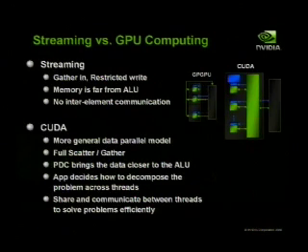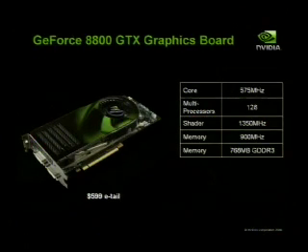It's up to you how you want to parallelize your computation across a set of data, and you're allowed to communicate and solve problems more efficiently. So this is what we've built. That's the general architecture of what's new in GPUs.